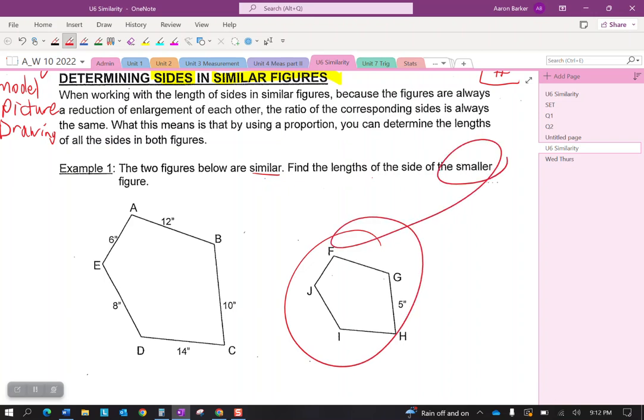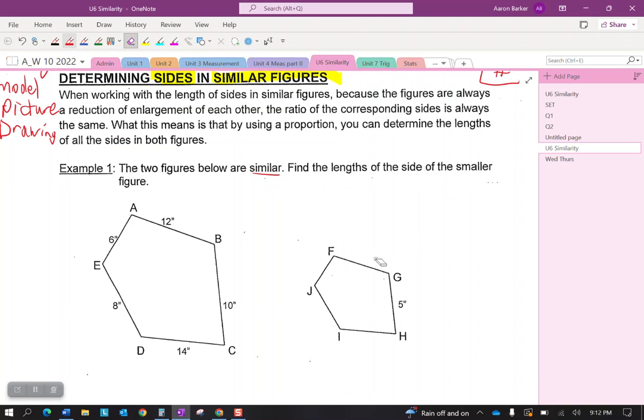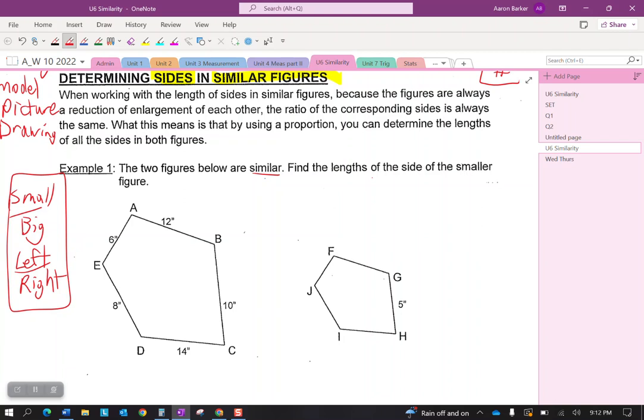So what we do is we set up our fractions. Now we have a choice. You can put the small object on top and the big object on the bottom, or you can put the left object on top and the right one on the bottom. Somehow you want to figure out which one you want on top. It doesn't necessarily matter.